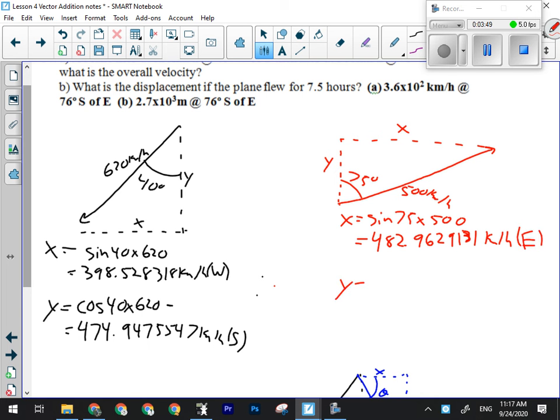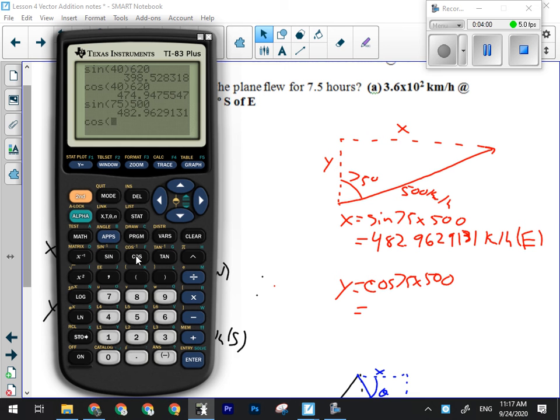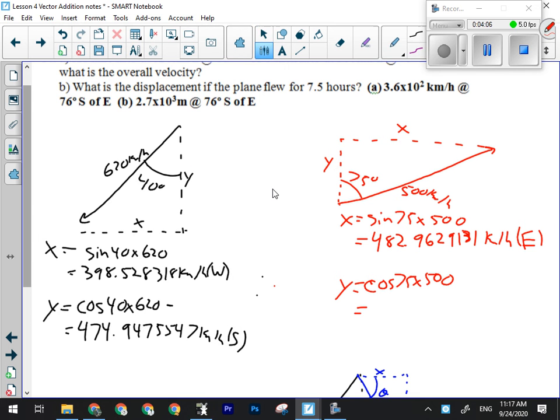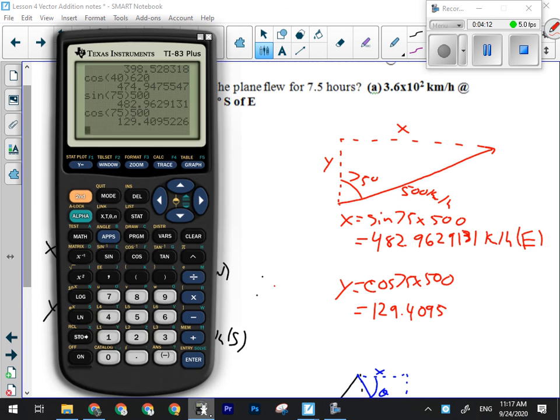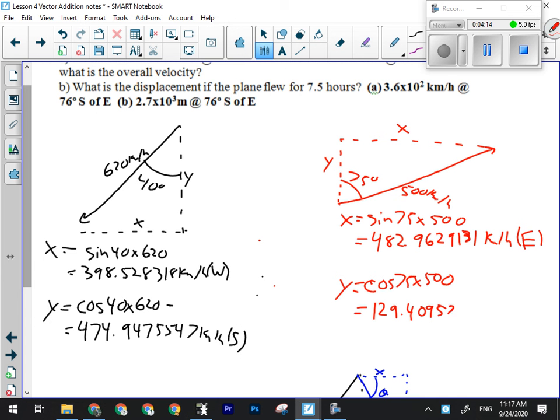And then y is the adjacent side, so it'll be cos of 75 times 500. So we got 129.409 kilometers an hour, and that is north.